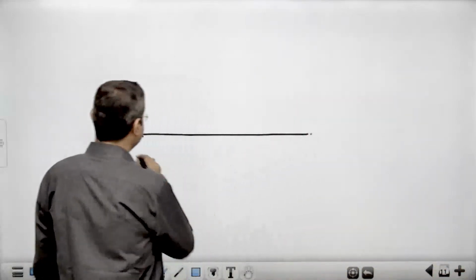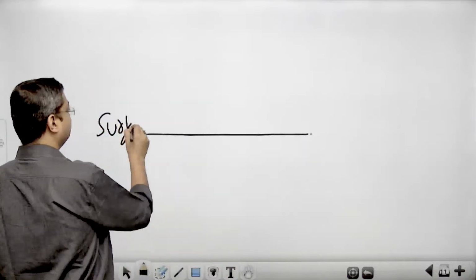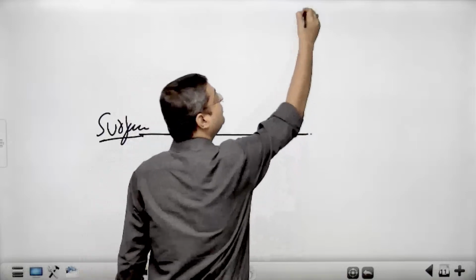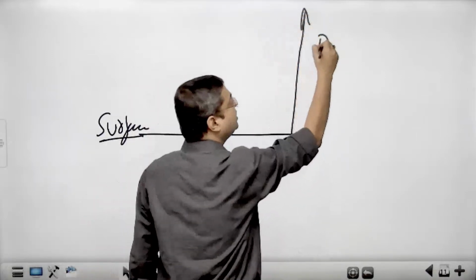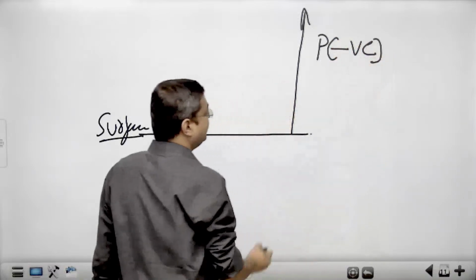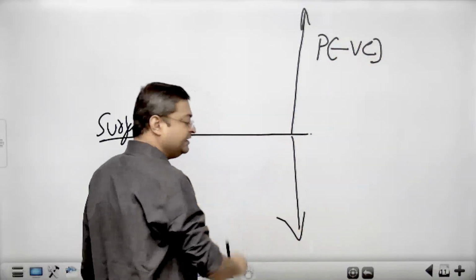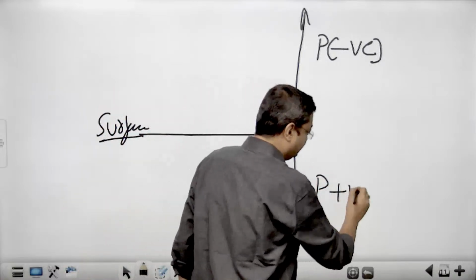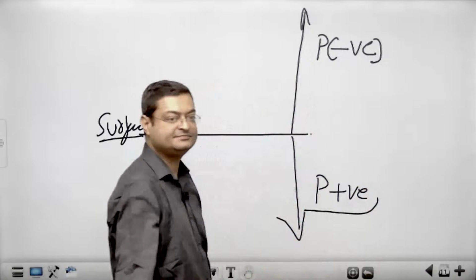Let us suppose this is your surface. As we are going to move upward, pressure is always going to decrease. If we are going to move towards the interior of the earth, pressure is always going to increase. This is the universal thing.